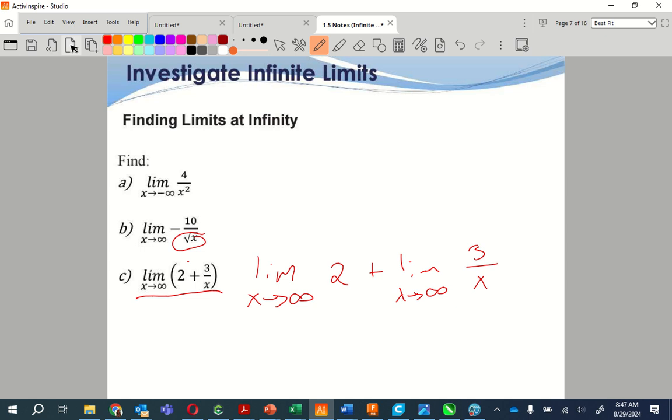This first one here is a constant, right? So what do you think the limit of this one's going to be? 2, right? That's 2 plus, right here, 3 divided by infinity is, count on it, 0, right? So by looking at it in 2 separate parts, the limit here is 2, the limit here is 0. My limit for the whole thing would be 2.